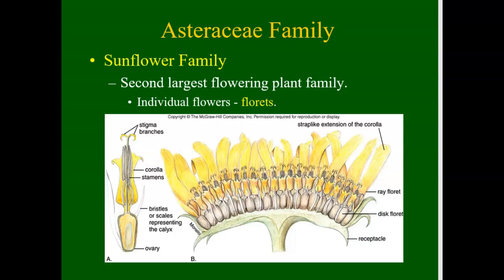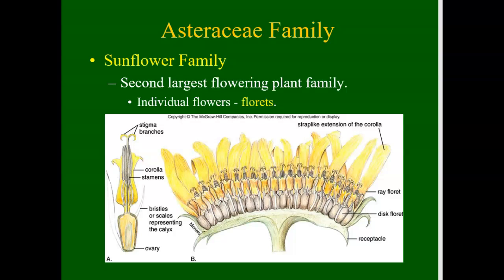So let's look at the Asteraceae family, which is the sunflower family. This is the second largest of the plant families. It's huge. Most people know what a daisy or a sunflower looks like. There are two different types of flowers when you're looking at a daisy or a sunflower. There are the rays that most people would point at and say that those are the petals.